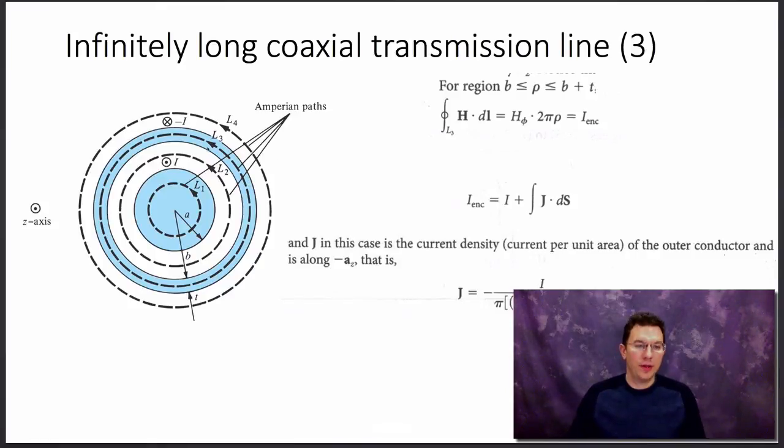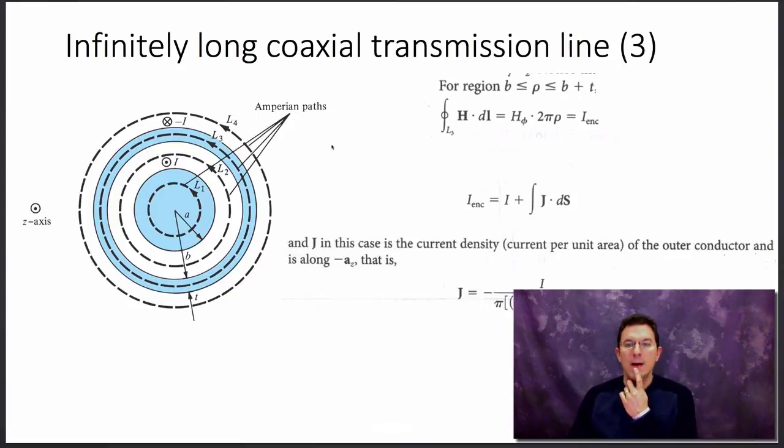We know that this contour here encloses all of this current plus I. Okay, so the total I enclosed by L3 is positive I, plus whatever current lies between the inner edge here at rho equals b and the Amperian contour at rho.